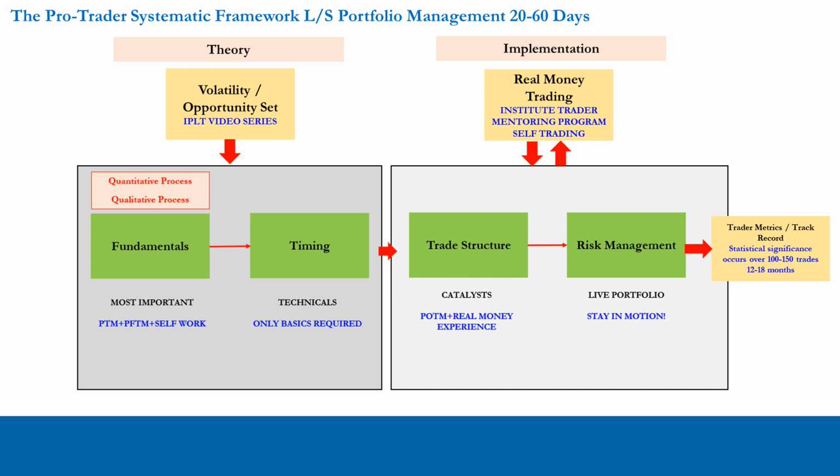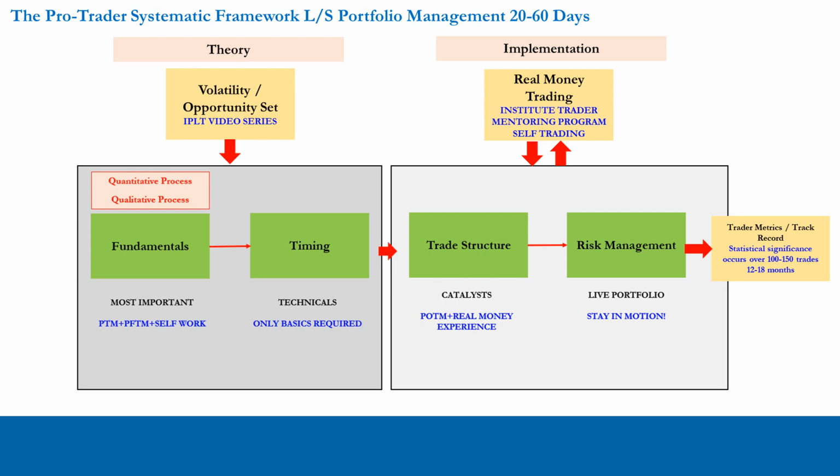So moving forward into the PTM video series, we're going to look at every element, of course, inside the boxes and the trader metrics. The volatility and opportunity set is the IPLT video series, and real money trading happens with real money, either as an institute trader or outside the institute self-trading, or as an institute trader on a mentoring program.